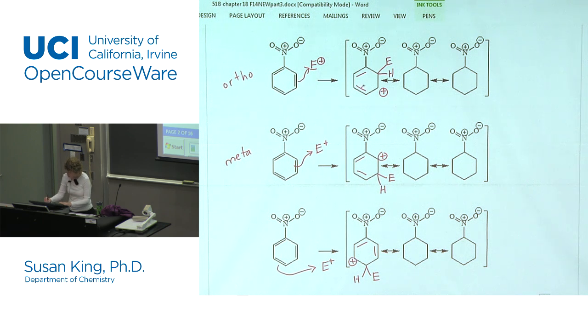So I can move this over here. I can also go over here on this side, making sure not to duplicate.